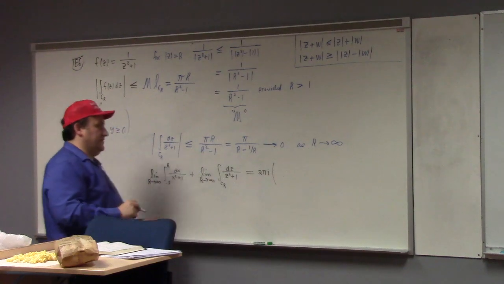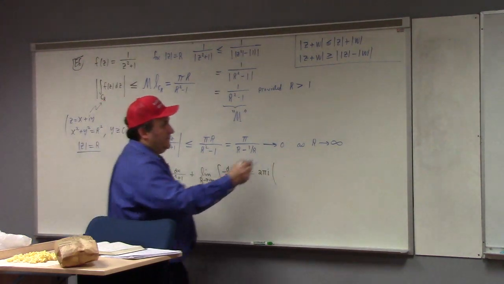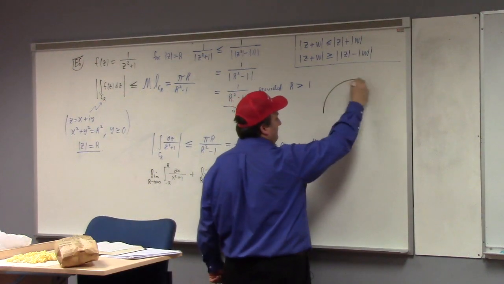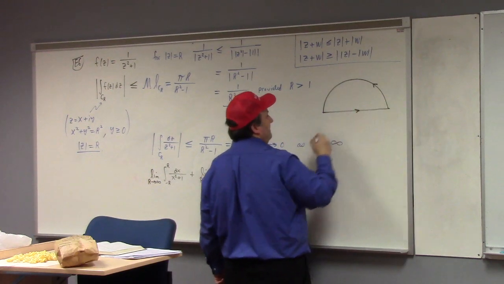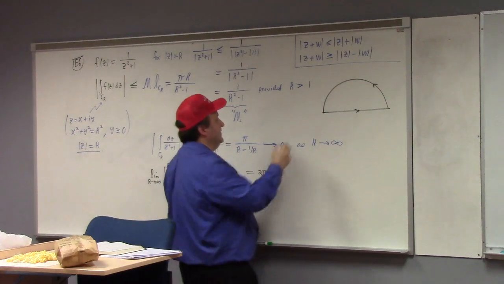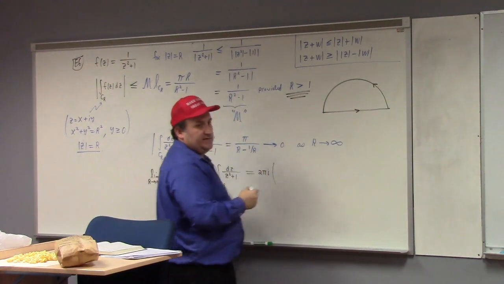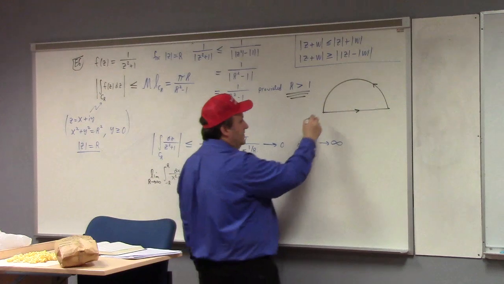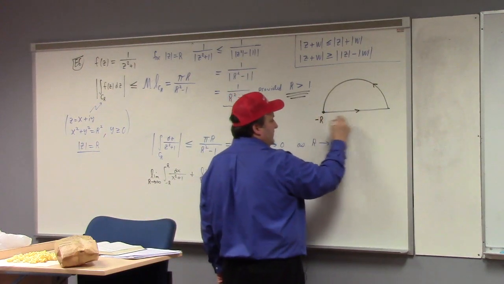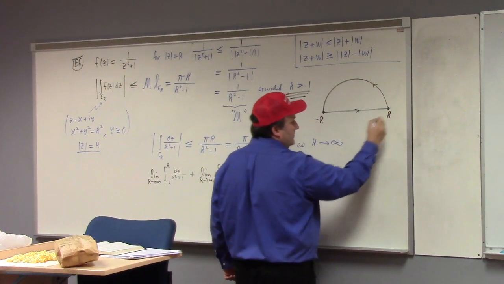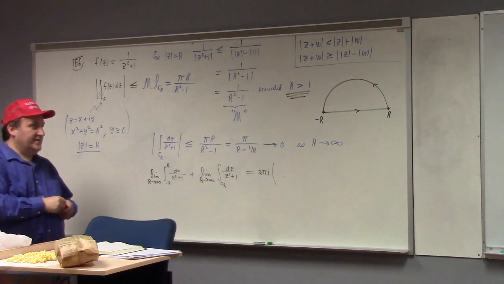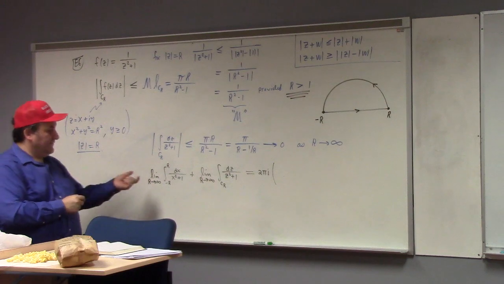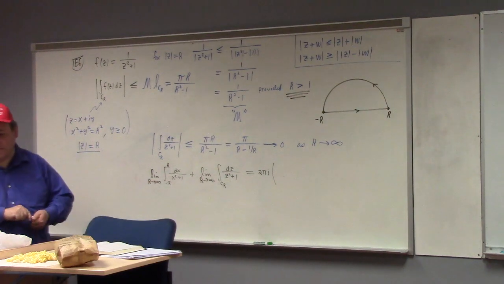Now, what are the residues? Like, let me draw a picture here. So we're talking about the half circle, right? And we're assuming the radius is greater than 1. That was important, right? That's important to get my bound. It's also important because that forces the singularity of the function in question to happen within the loop, right?